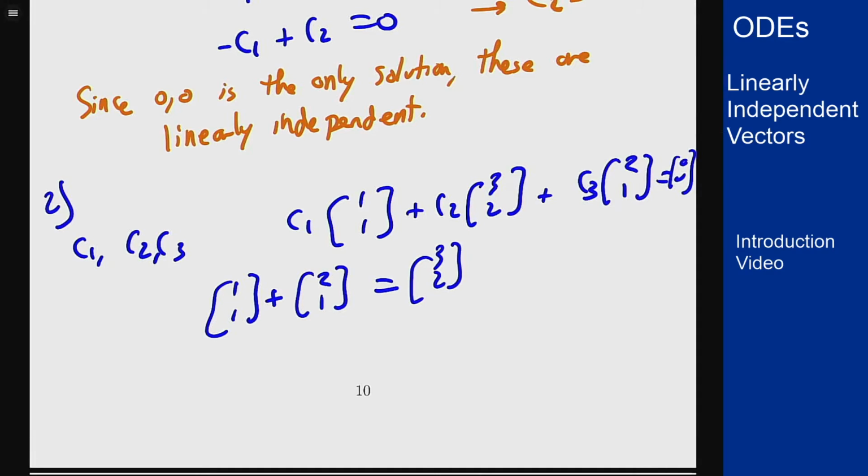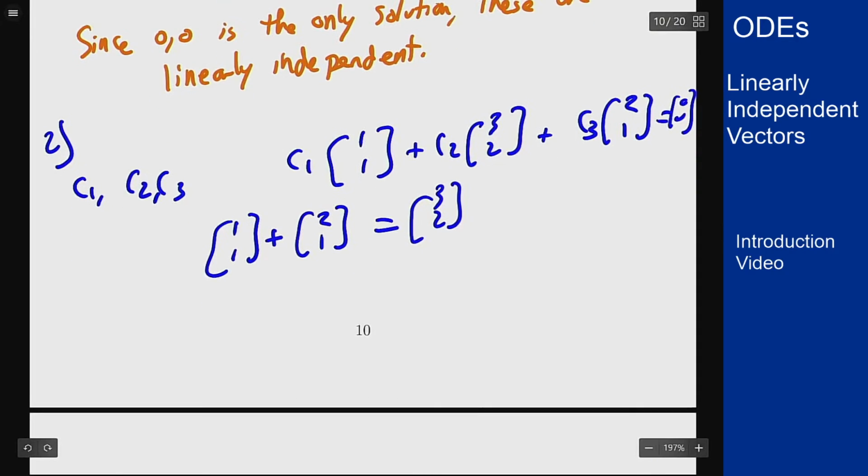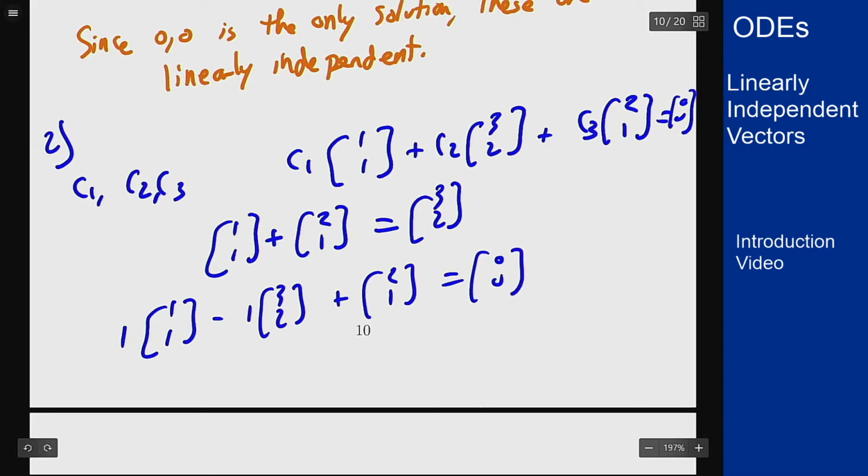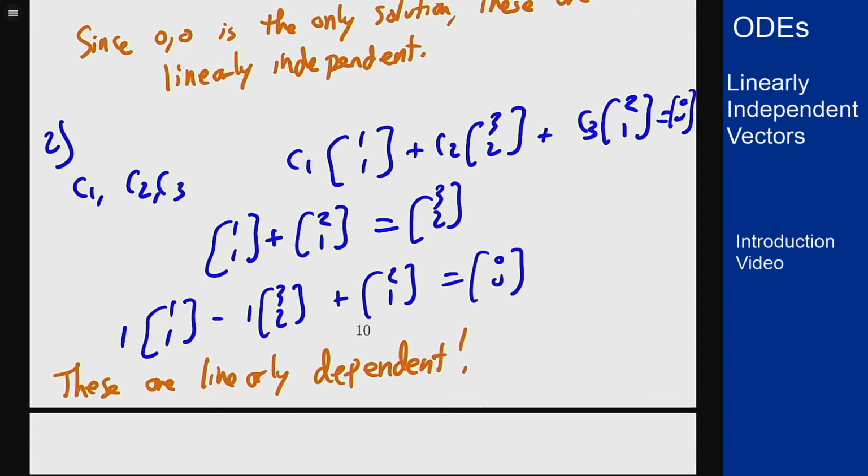Which means if I pick c1 to be 1, c3 to be 1, and c2 to be -1, I get that 1 times (1, 1) minus 1 times (3, 2) plus 1 times (2, 1) equals the 0 vector. And so these are linearly dependent because I found a solution that did not involve setting everything equal to 0.